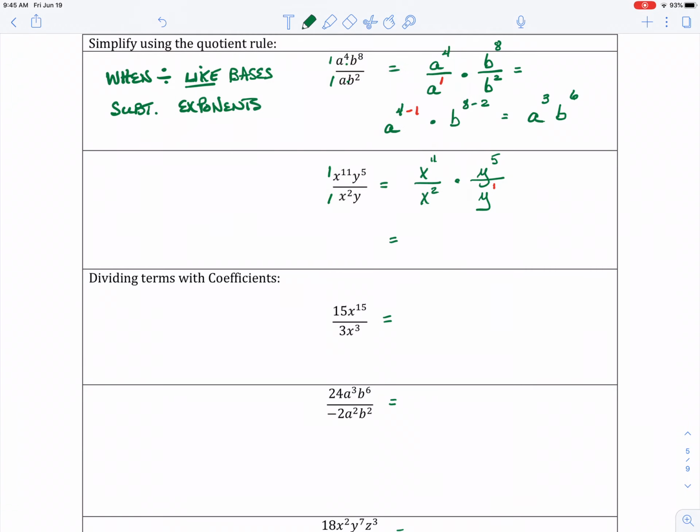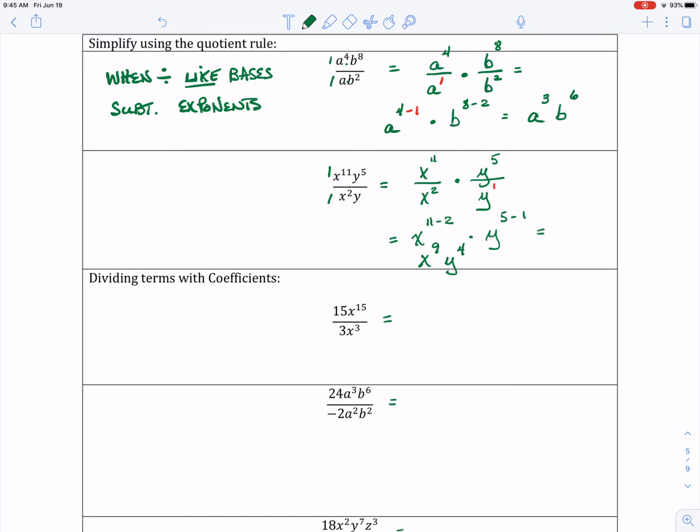So this becomes, write down the base, subtract exponents, always beginning with the one in the numerator and subtracting away the one in the denominator. So this is going to be x to the 9th times y to the 4th as your result.